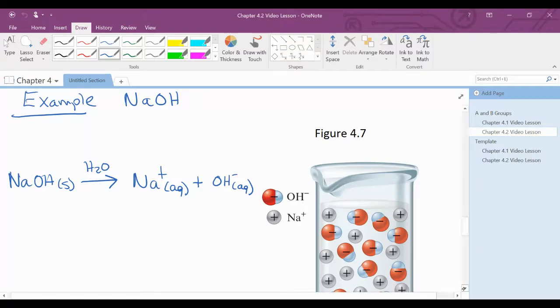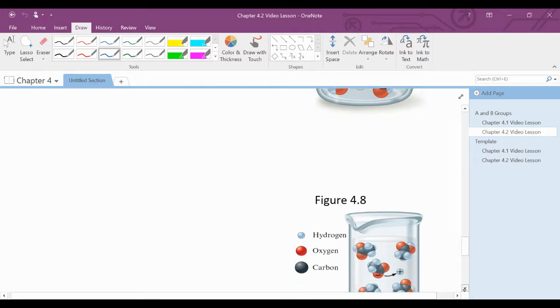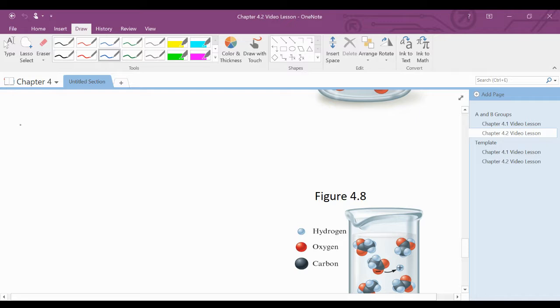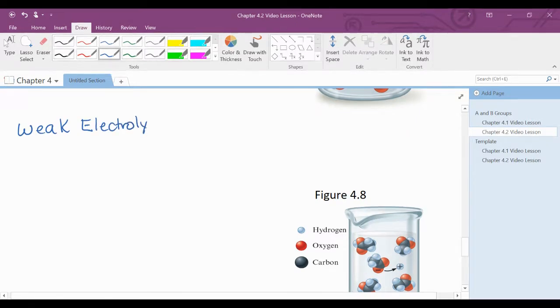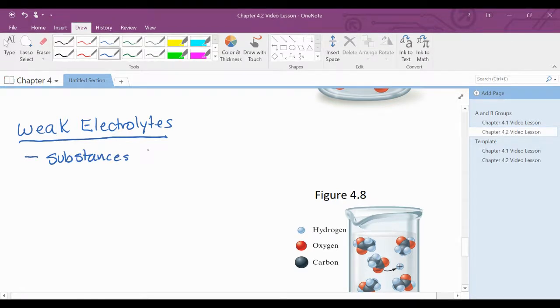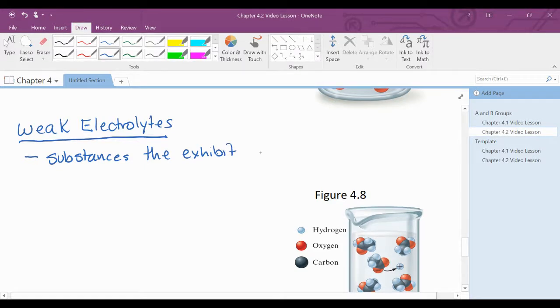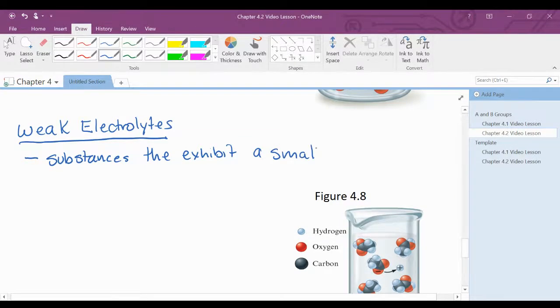So we've looked at the three classes of strong electrolytes. What I want to do now is talk about weak electrolytes. So in that diagram we looked at, these would be the ones where the light was dim, the middle one. So they don't conduct electricity as strongly. These are substances that exhibit a small degree of ionization.